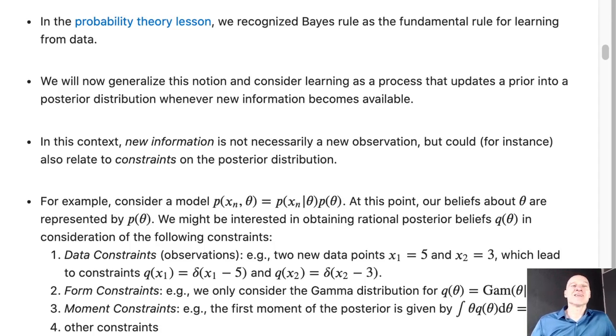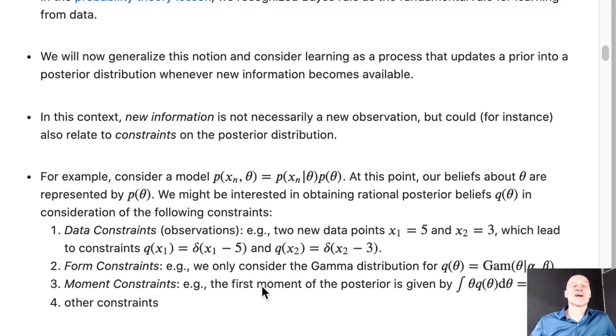So as you can see, there are various ways to constrain the posterior, where adding data to the system, making observations about x, is only one way of adding constraints. So this is a bit more general, right? Bayes' rule can deal with updating p theta to the posterior q theta if my constraints come in the form of data.